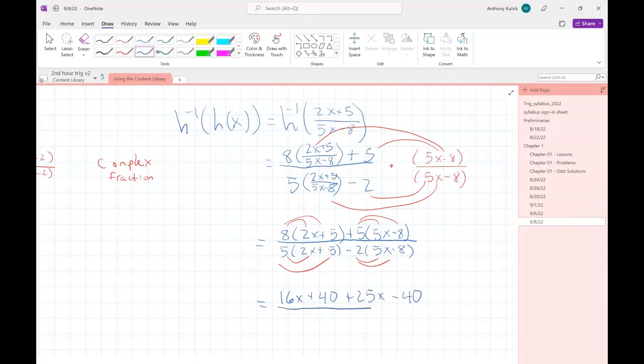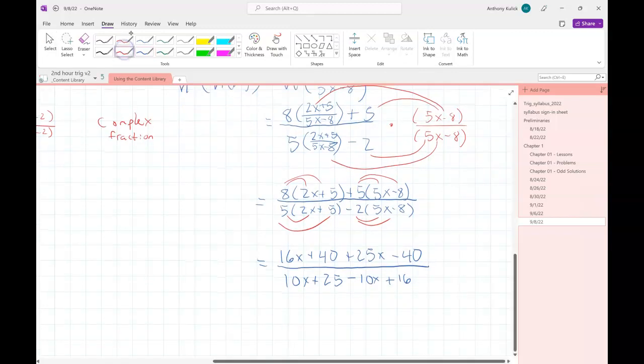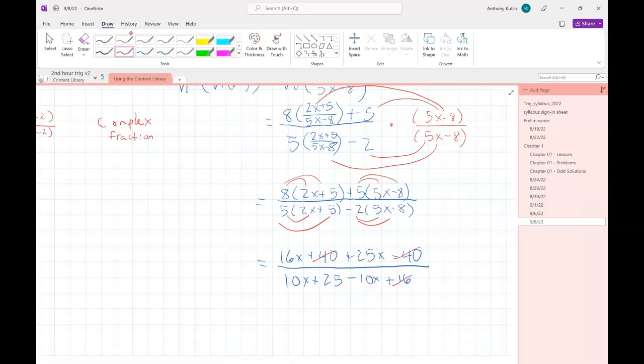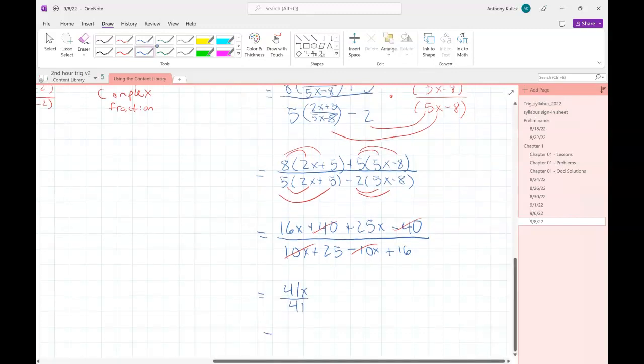Obviously, the numbers are a little different, but the process is basically the same. And we combined our like terms. Those are the guys. Which just simplifies down to x. There we go.